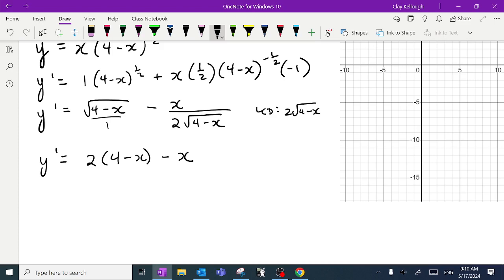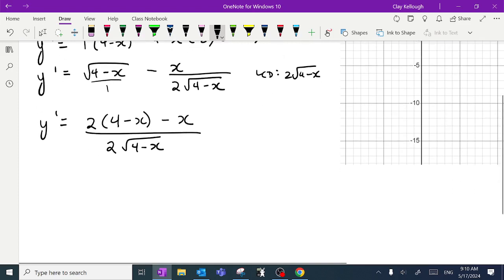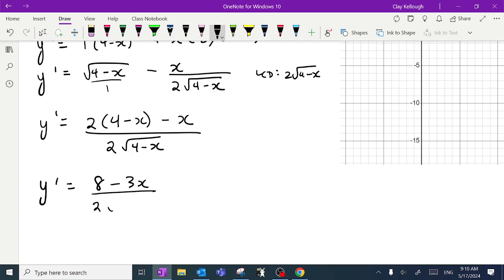Then minus an x all over my common denominator. Tidying that up, doing a little bit of algebra there, I'm going to get 8 minus 3x over 2 times 4 minus x. And remember that I am increasing over an interval where this thing is greater than 0.